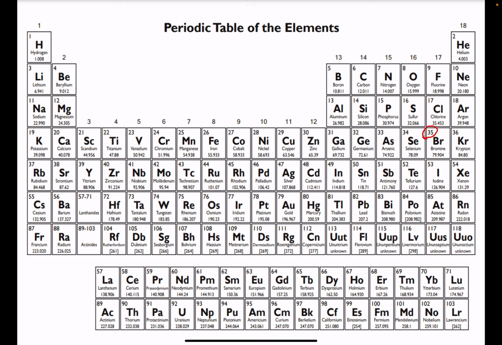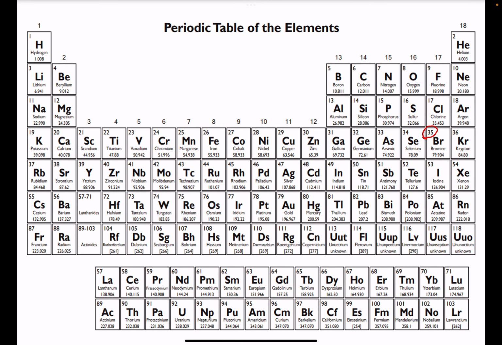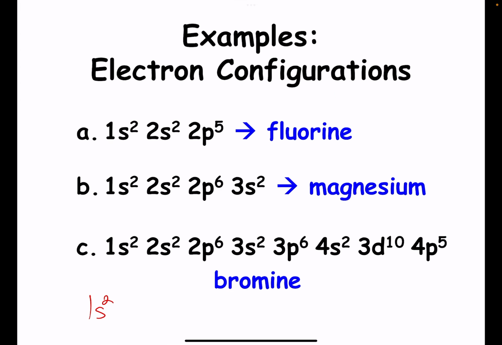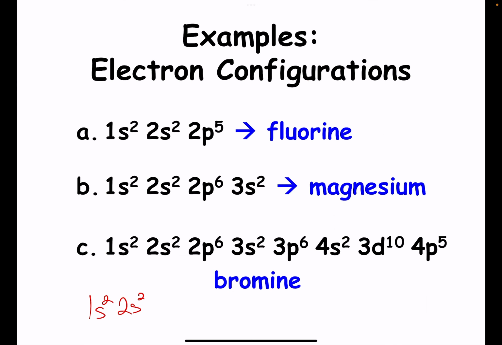So we know the first level is fulfilled: 1s2. Then our next level is 2s2. And then over here, moving towards the p block, all those are fulfilled. So that's energy level 2, period 2, 2p6.